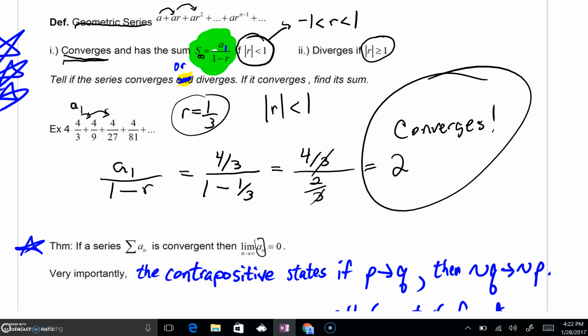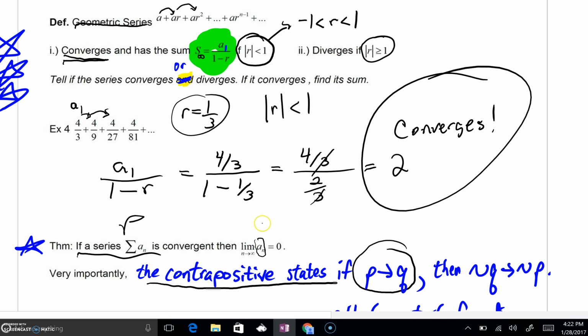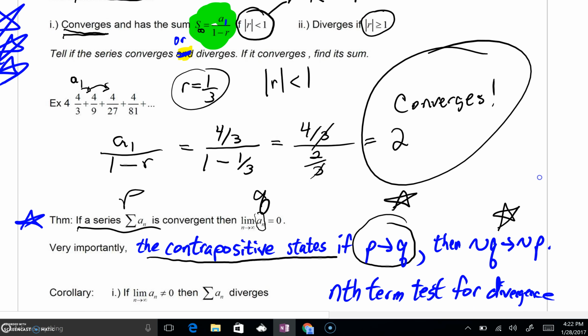And the contrapositive, this is something you would have learned back in geometry, says if P implies Q, if P, then Q, if that's a true statement, and by the way, here's your P statement and here's your Q statement right here. If P, then Q, then the contrapositive is not Q implies not P. This is always true. If a statement is true, its contrapositive must also be true. So this theorem is definitely true.